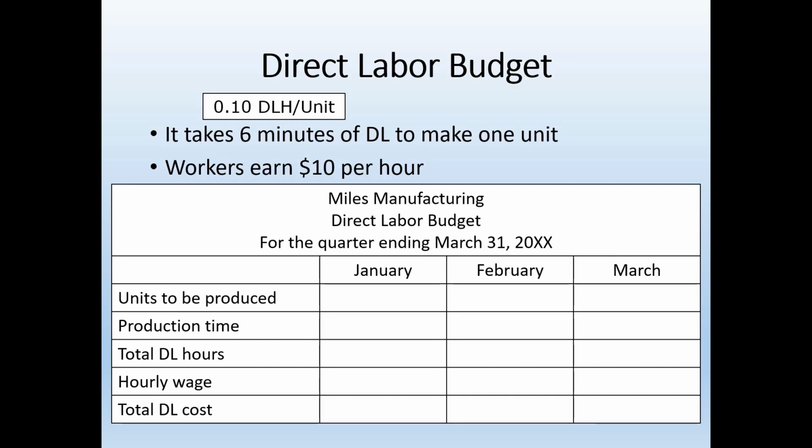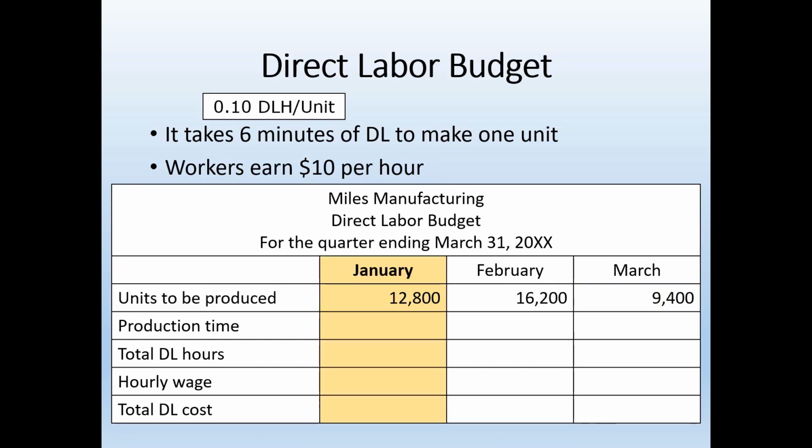To make the direct labor budget, remember that we need the number of units to produce from the production budget, not the number of units that the firm expects to sell.